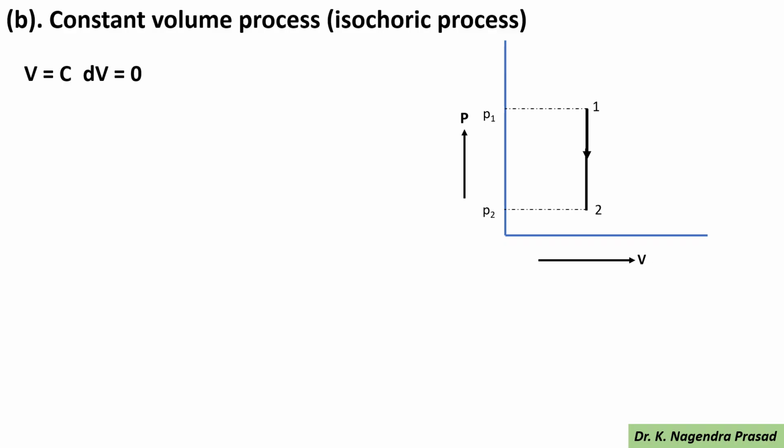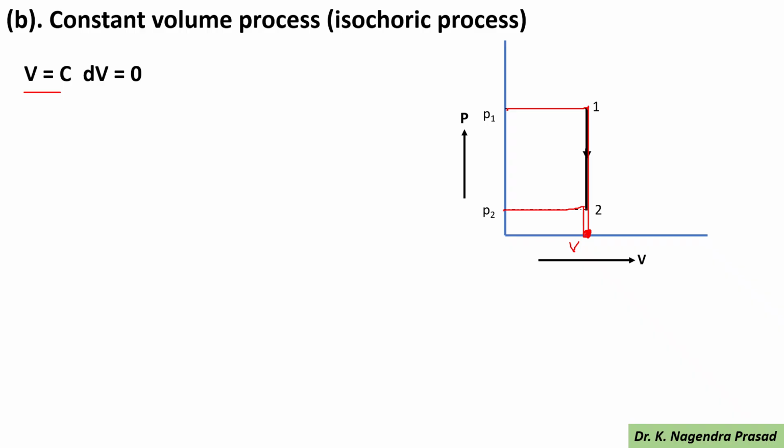Here observe the PV diagram. Now the system changes from state 1 to state 2. Let's consider the pressure at state 1 is P1 and the volume is V, and similarly the pressure at state 2 is P2 and the volume is the same amount, V. So volume is constant, it is not changing, so the differential is V2 minus V1.